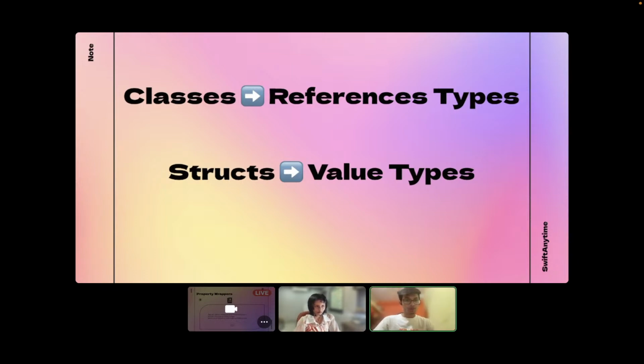That is the whole reference type thing. Now, how structs work is when we create an object of a struct and assign that struct instance to another variable, it gets copied. When you mutate the second object, the first object is unaffected. So that's how structs and classes differ from each other.